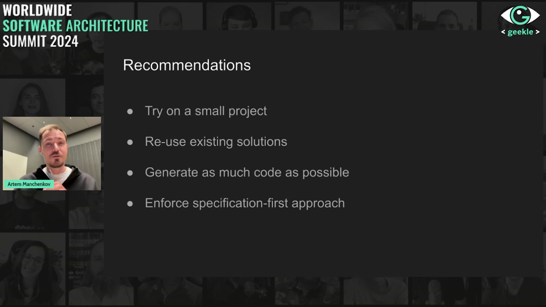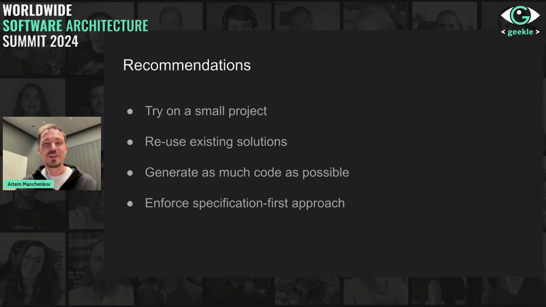So if you want to start experimenting with specifications to improve the development process, I have a few personal recommendations for you. Start with something simple. Try not to cover a huge system on the first try. It will let you get results much faster. Do not reinvent the wheel, as I did, to some extent.